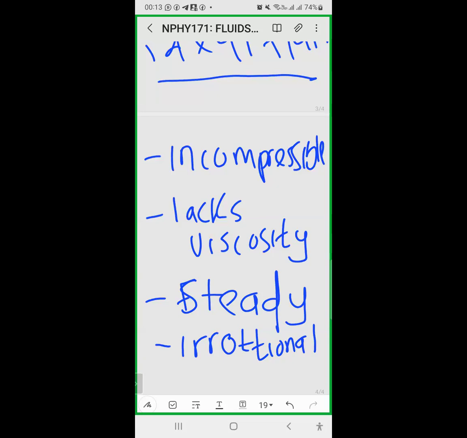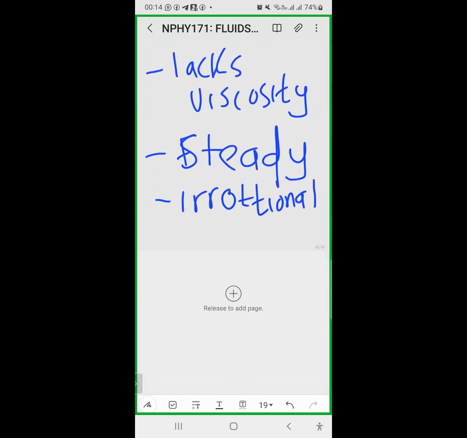Now, like I said, we are moving on and looking into the fluid patterns. Specifically for physics 171, I think you are mostly focused on streamlines.